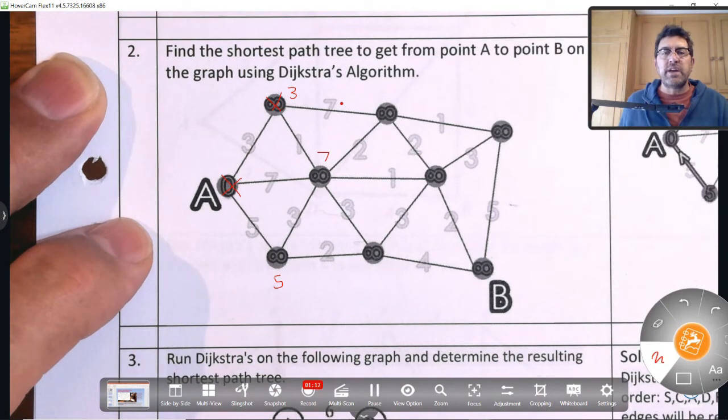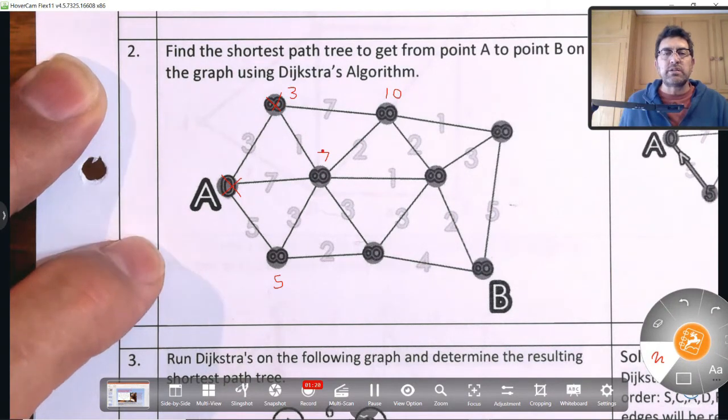From there to there we need to travel an additional 7. So that makes this vertex 10. But here look at what happens now. From 8 to there we got 7. But if we go from here to its neighboring, it is 4. So the 7 gets erased and we replace the 7 with a 4.